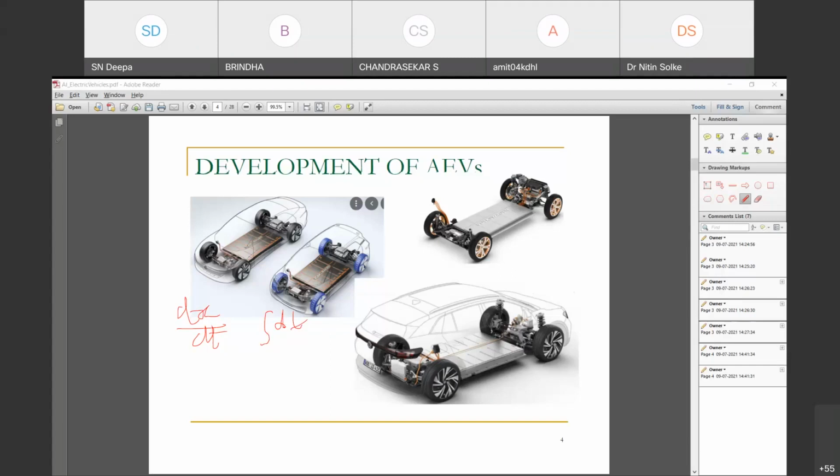If you see, in the 1900s itself it started, but in this current generation there is more focus on electric vehicles. Everything is varying with respect to time. So when I want to model an expert system, I should model it based on time, since everything is varying with respect to time. I want to design an autonomous EV system so that it operates within a specific span of time.